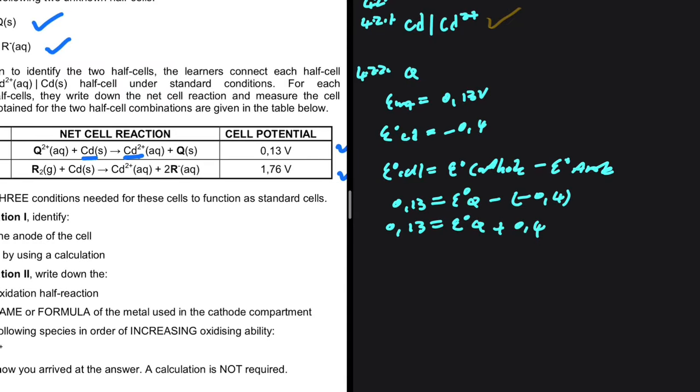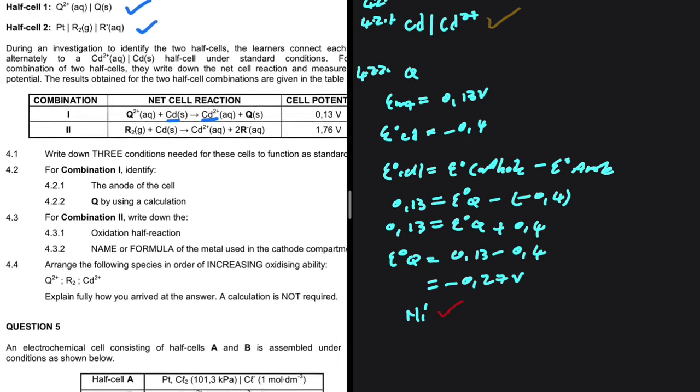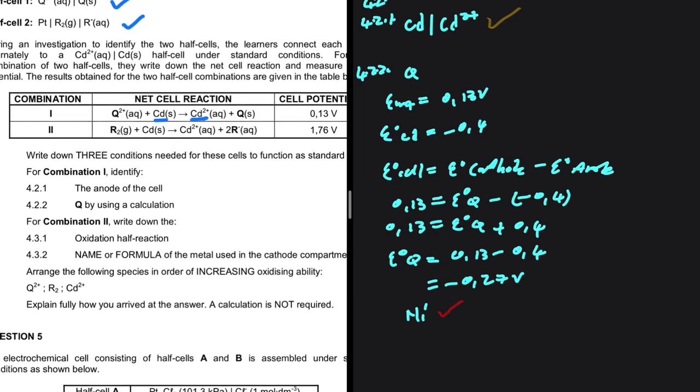It should be easy to see that the reduction potential of Q will equal 0.13 minus 0.4, which is just minus 0.27 volts. So Q is nickel if you go to your table of standard reduction potentials. Right, that is 4.2.2. That is how we solve those kinds of questions.